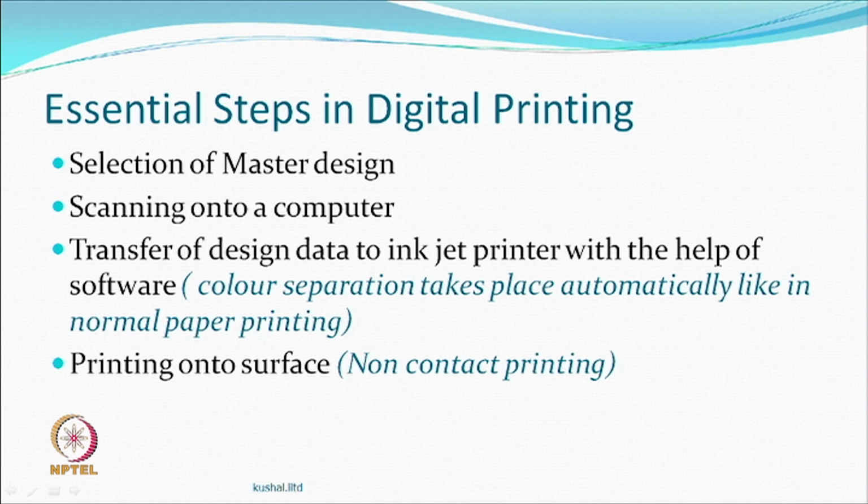The printer does not contact the surface of the fabric, unlike our normal printing where the textile comes in contact with the screen or a roller or anything else. Here it does not come in contact. So, this is non-contact printing.